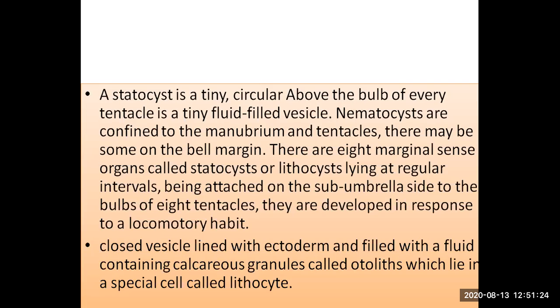There are also marginal sense organs called statocysts, or lithocytes, lying at irregular intervals and attached on the sub-umbrella side to the bulbs of eight tentacles. They are developed in response to the locomotor habit. They are closed vesicles lined with ectoderm and filled with fluid containing calcareous granules called otoliths.